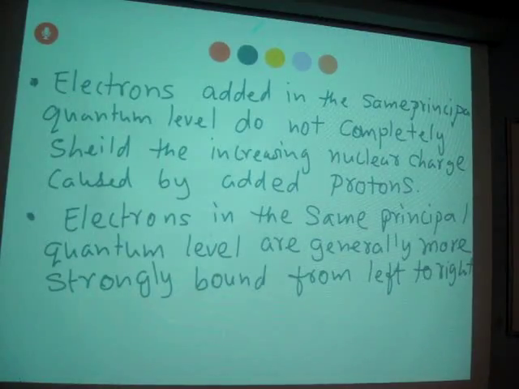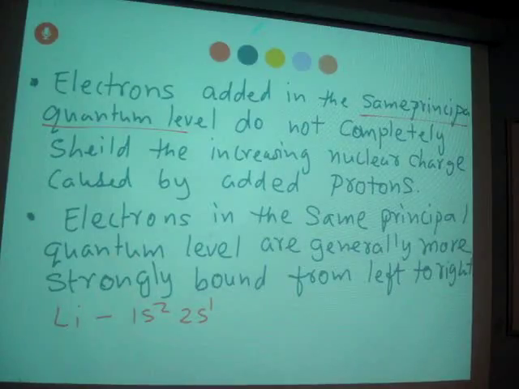Let's say what that means: the same principal quantum level. Here I'm going to give you an example, lithium and boron. The electronic configuration for lithium is 1s2, 2s1.